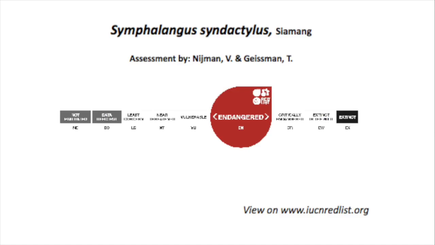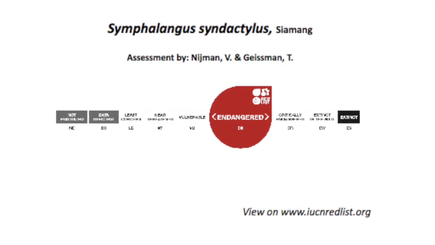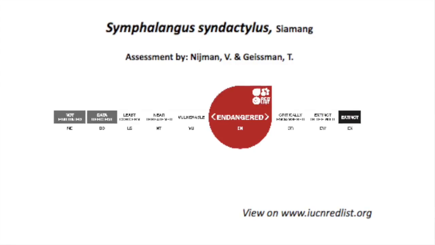Now I'm going to talk about xiaomengs as an endangered species and what caused it to happen and what have we done about it. When you go to the IUCN Endangered Red List, you can see xiaomengs listed under the endangered category.